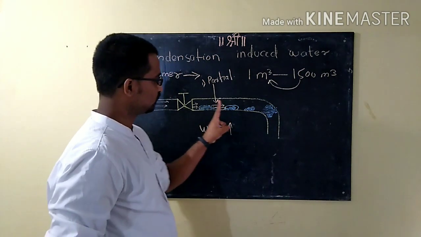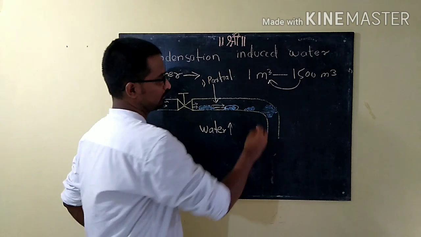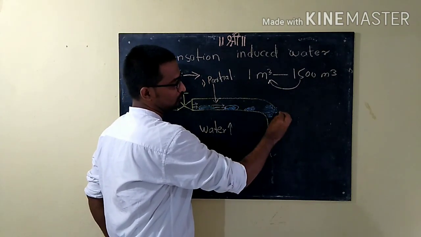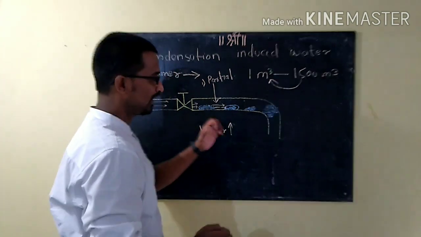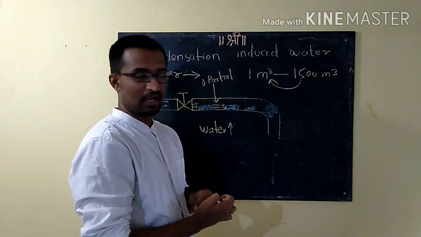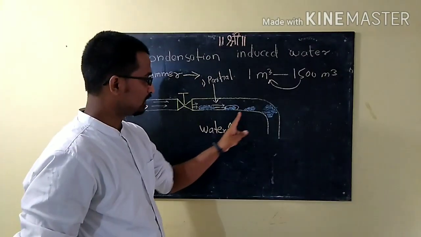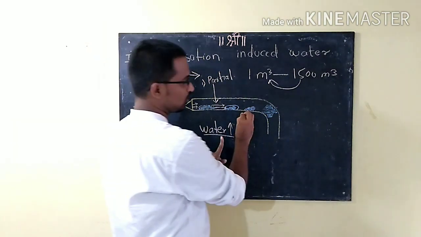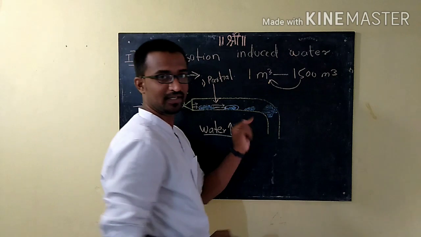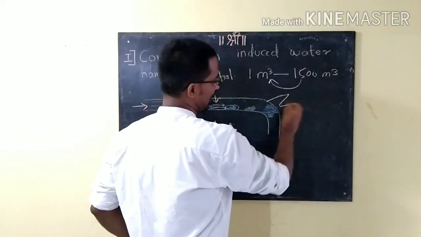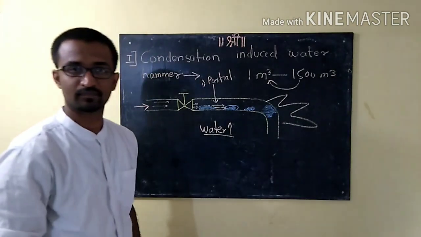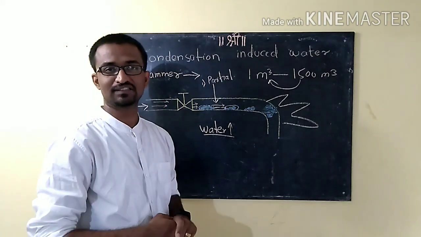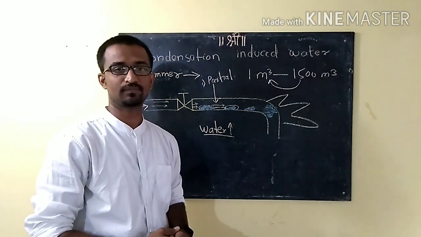And this increased water velocity along with the steam, when it comes to a bend or a joint, will impact over there. All the kinetic energy of the accelerated water will get converted into pressure energy and a banging noise will be there. This type of water hammer we generally call a condensation induced water hammer.